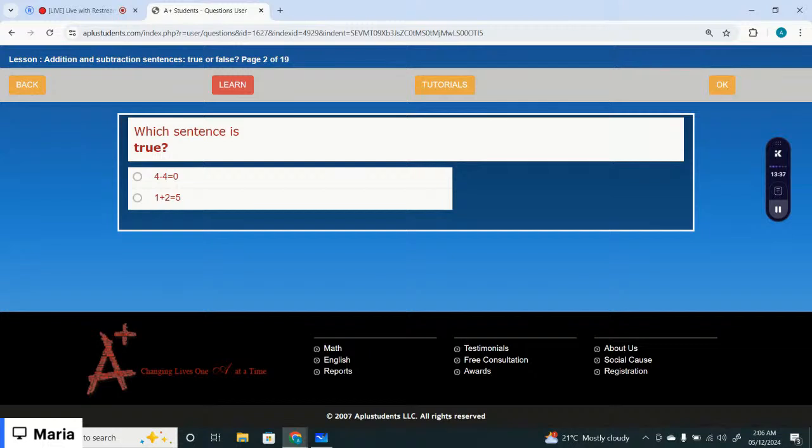That is option number 1, 4 minus 4 is 0, but 1 plus 2 is 3. So that's why just option number 1 is the correct one.